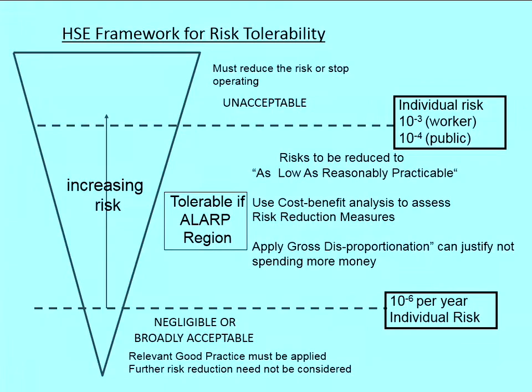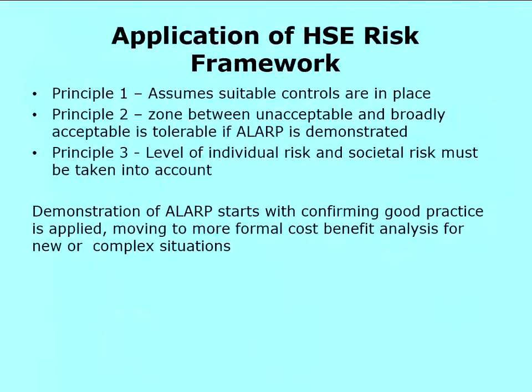This is what we mean by disproportionation. So basically what you've got to do is evaluate the level of risk reduction. So you do a risk analysis and calculate the risk without the risk reduction measures, then you calculate it with the risk reduction measures, and you use the reduction in risk to basically proportion that to the costs.